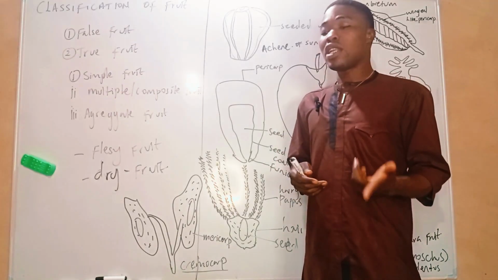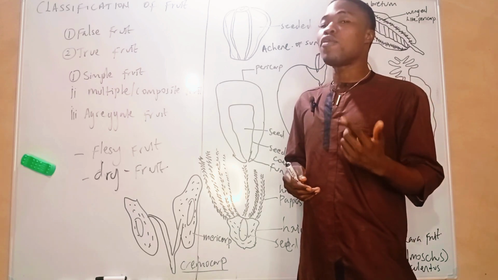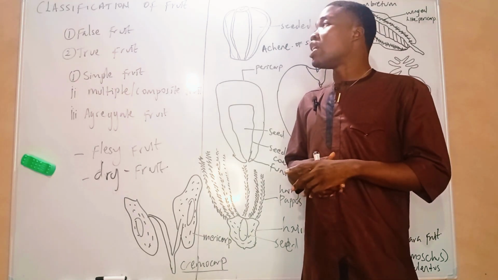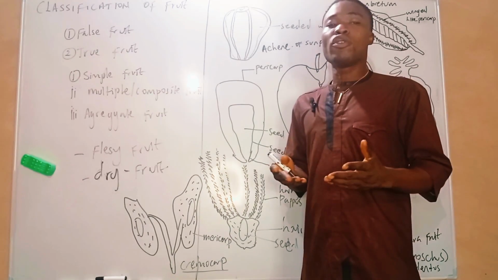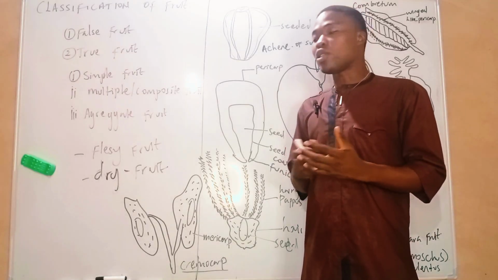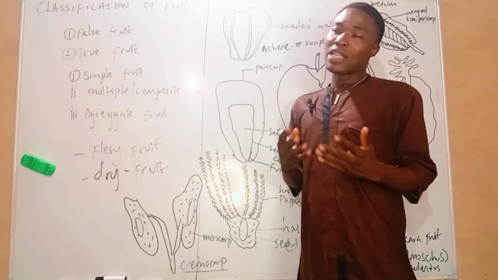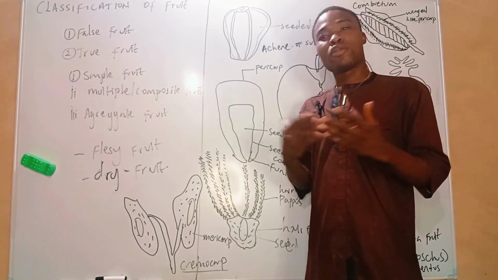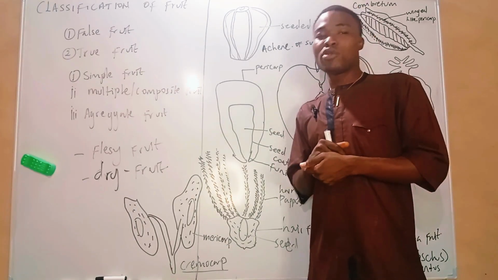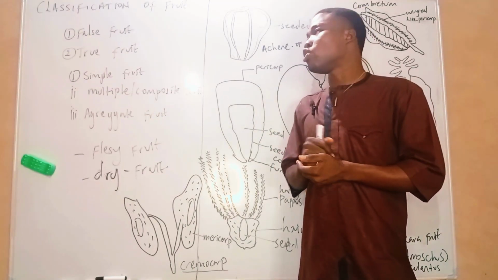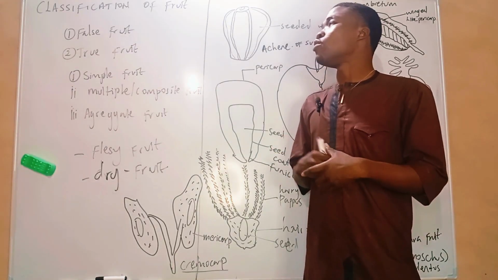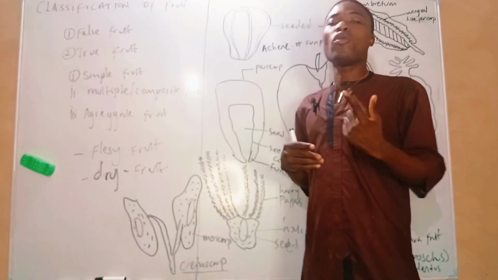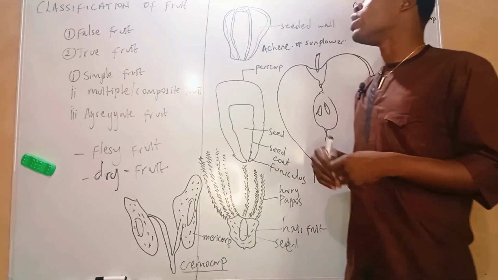And if you know, the ovary is part of the female part of the flower, usually the gynoecium. So the ovary is one part of the gynoecium. When the ovary is fertilized, it becomes a fruit. When the ovule is fertilized, it becomes a seed.